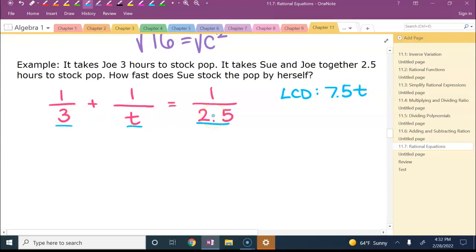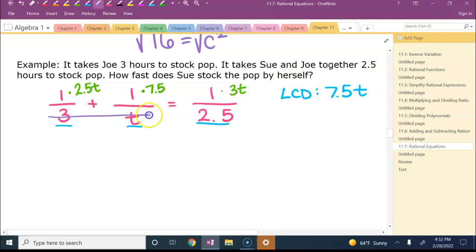Really what you have to do is multiply by whatever is missing from your fraction. So like this first one has a 3, it's missing the t and the 2.5. So you're going to take the top times 2.5t. For the middle fraction, it's missing the 3 and the 2.5, which would be 7.5. And then the last one, you're going to take that times 3t.